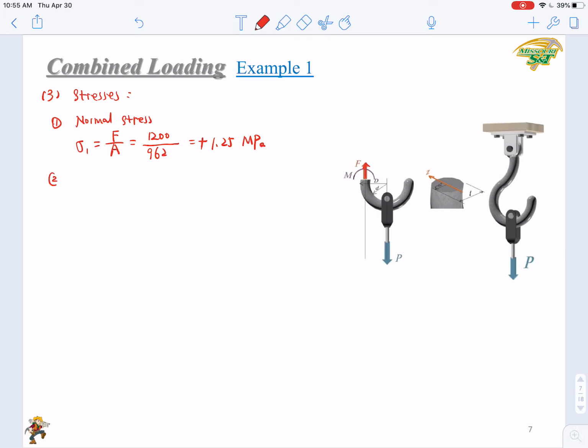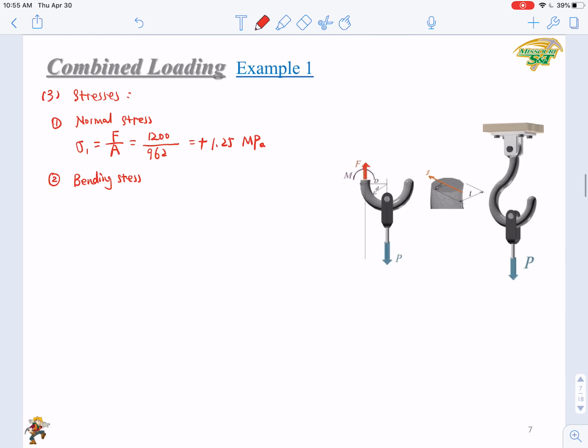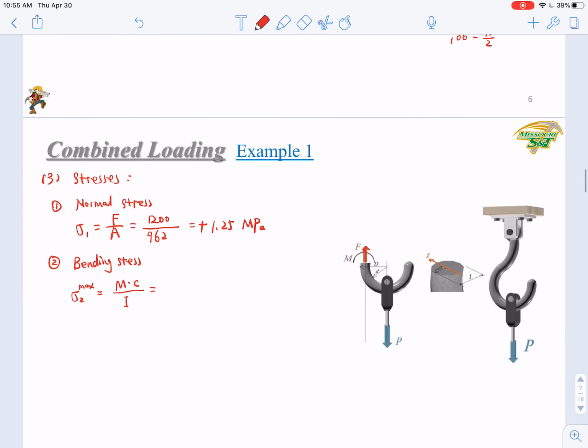And the second component, bending stress. Since we're requested to just calculate the maximum tensile and compressive stresses, we just use the equation to calculate maximum stresses, right? You just use MC over I, right? MC over I. So M is 99,000.